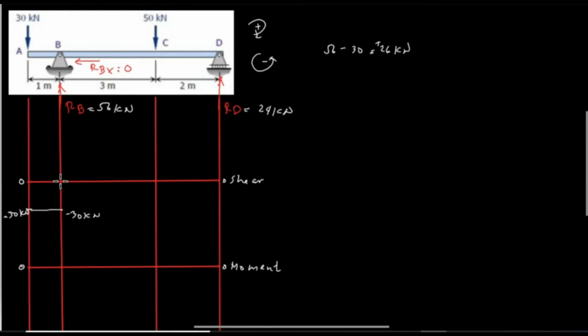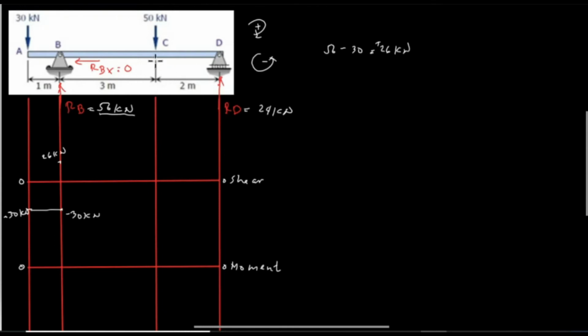This is positive 26 kilonewton. From this point up to this point, it should be the total length, the value of reaction B, which is 56 kilonewton. So 30 plus 26 is also 56 kilonewton.